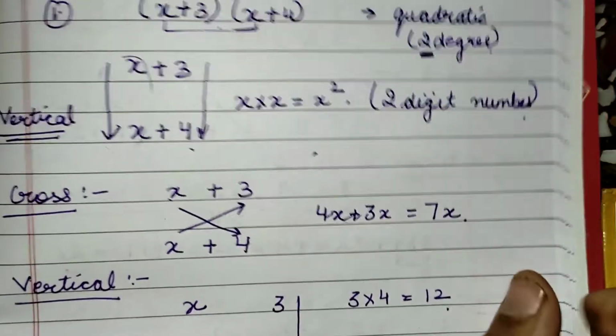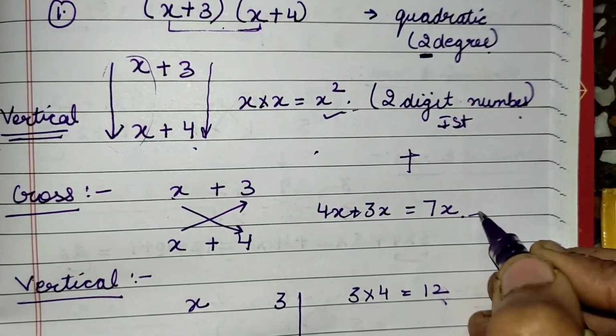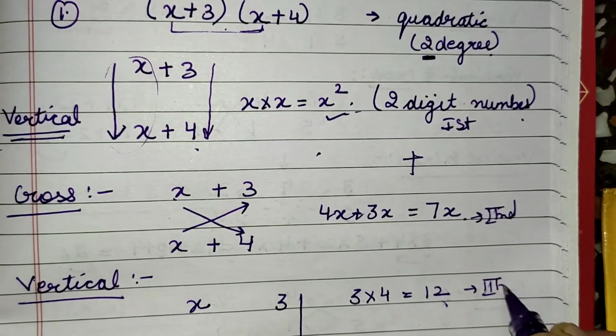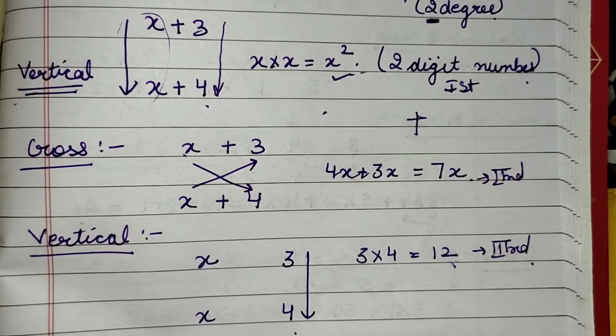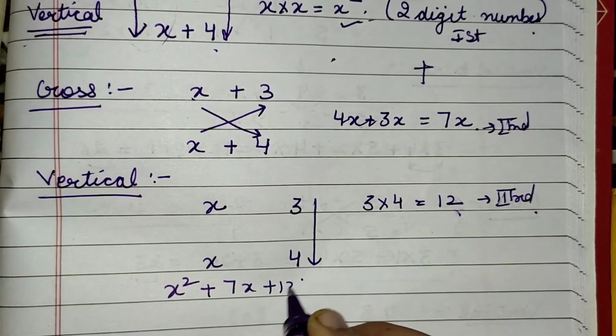So adding all these three values, this is my first value, this is my second value, and this is my third value. My answer will be x square plus 7x plus 12.